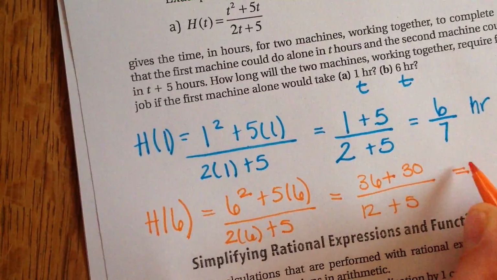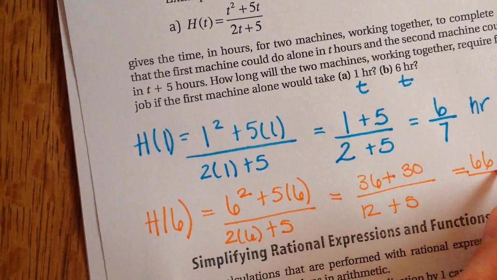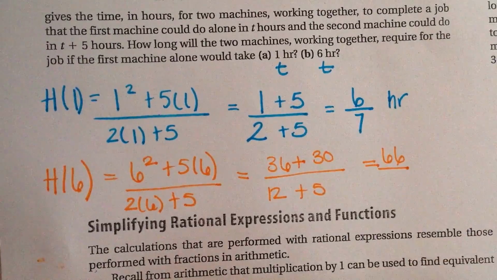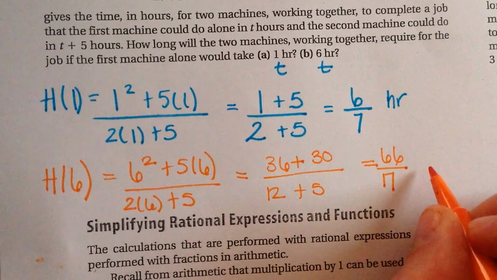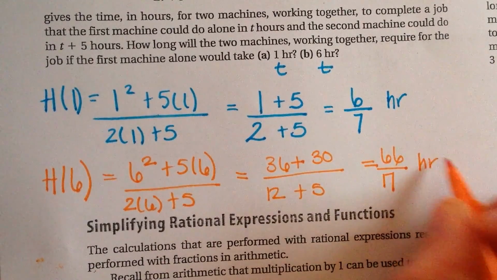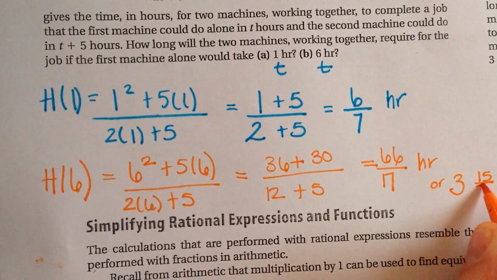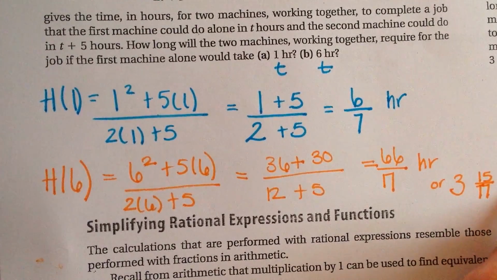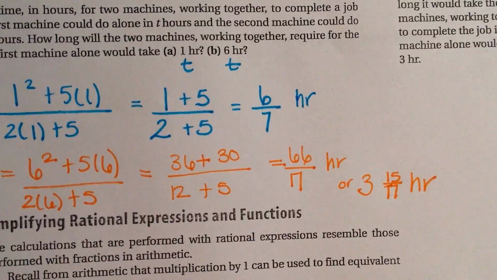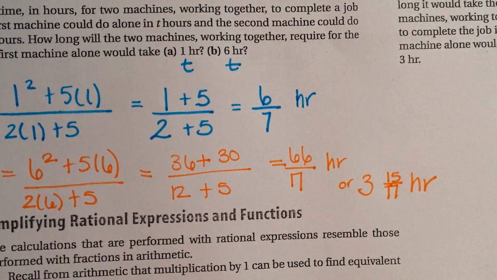So 36 plus 30 would be 66. 12 plus 5 is 17. So 66/17 of an hour, or 3 hours and 15/17 of an hour if we make it into a mixed number.